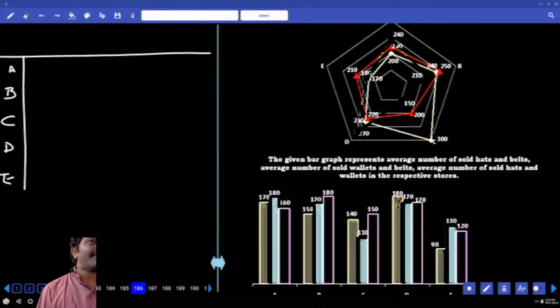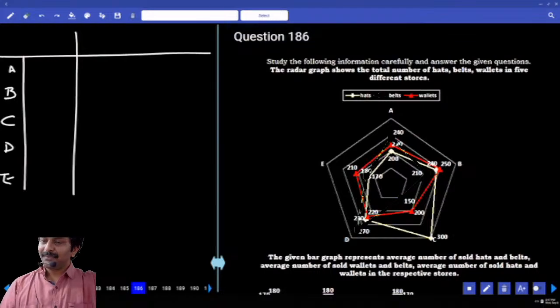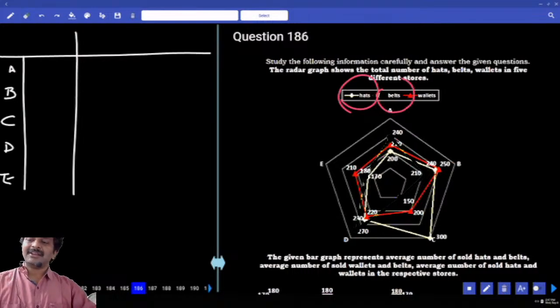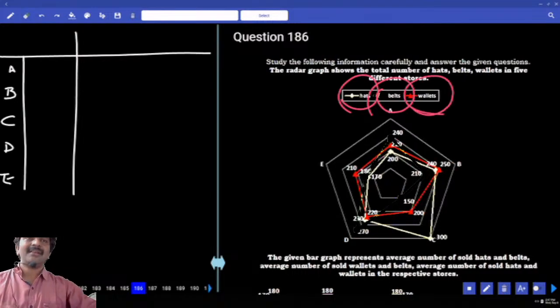So everywhere you are going to have total and then sold. The difference will give you unsold also. So if you prepare like that, everywhere you will have to write 3 items: in hats, total hats, sold hats, unsold; like that for belts also, and even wallets also.